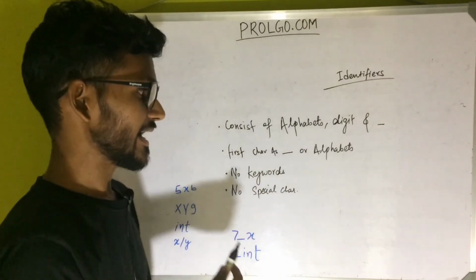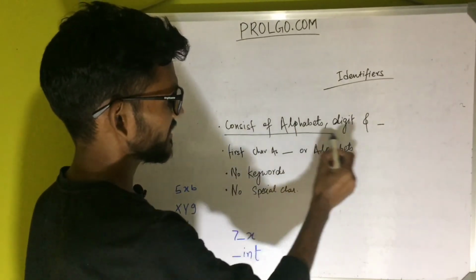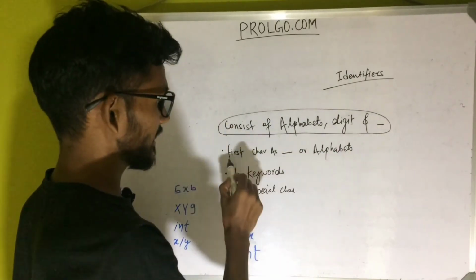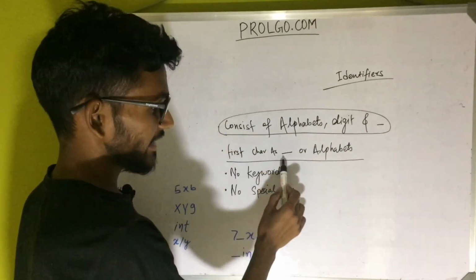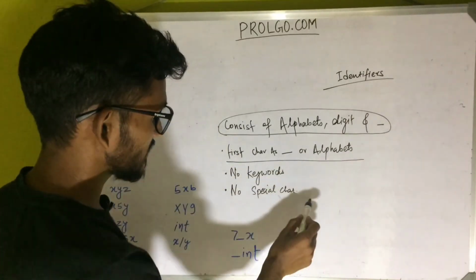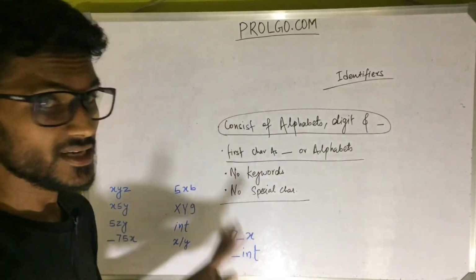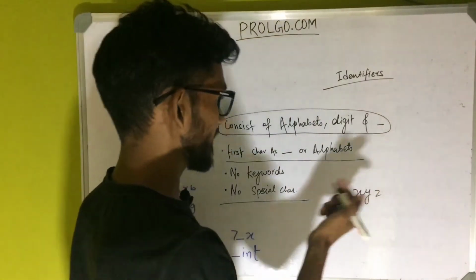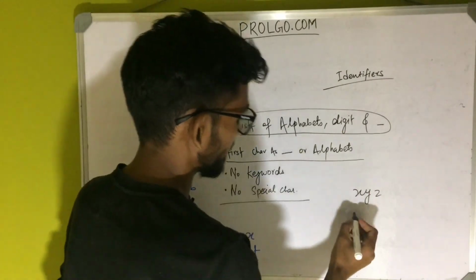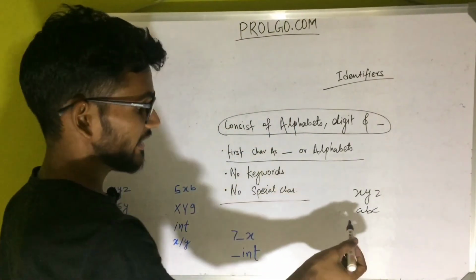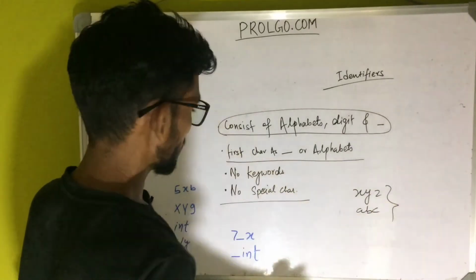And no special characters. If this is clear to you: it consists of alphabets, digits, and underscore, the first character is an underscore or an alphabet, and no special characters. So these are the rules. XYZ, of course we can take, and then ABC, this can also be an identifier.